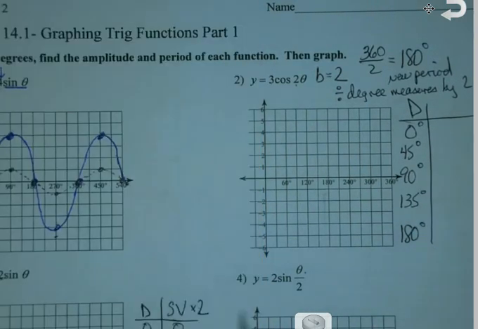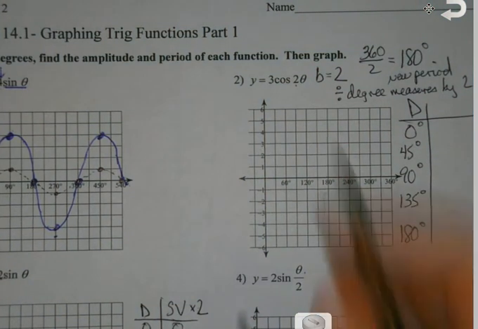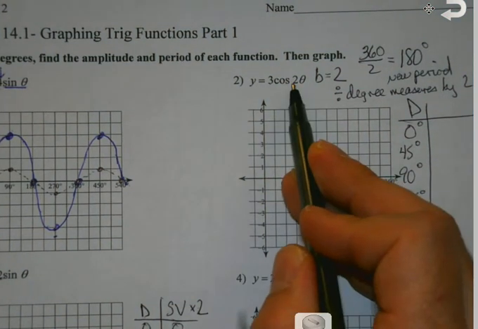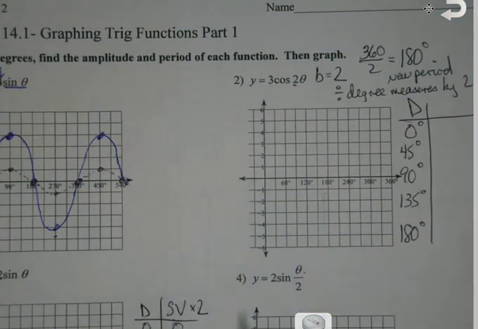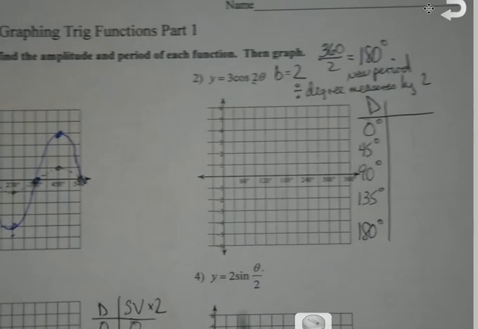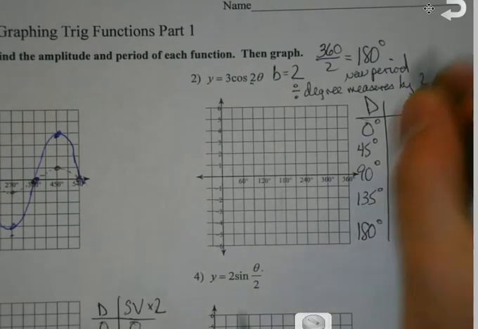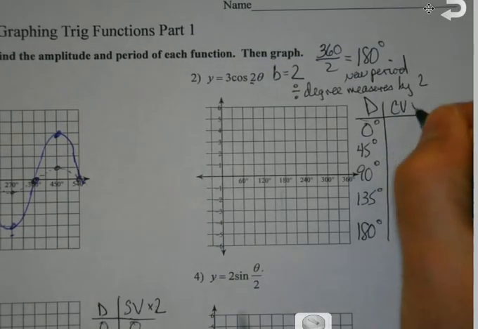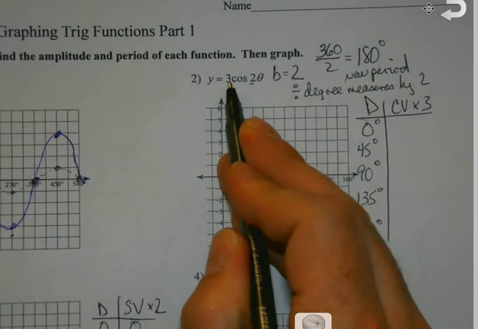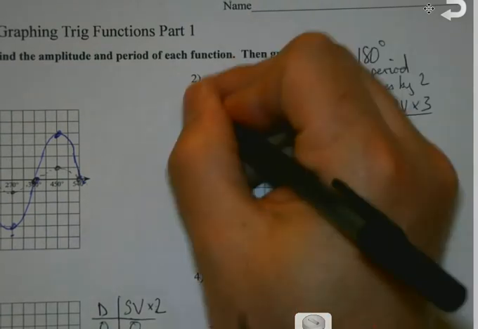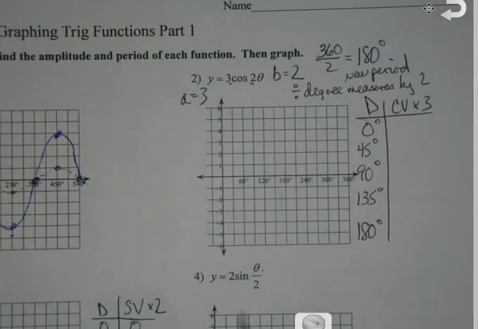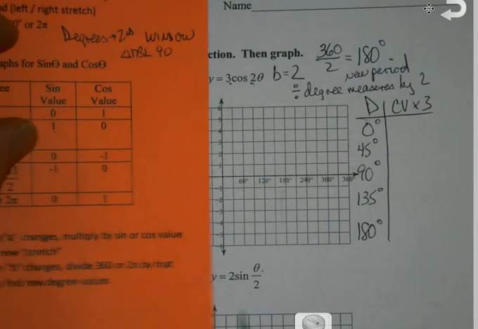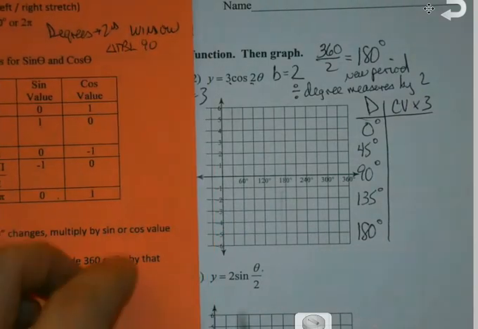And I get my new angle measures that way. So that's what this value in front of theta is, this B value. It just changes my degree measures. But now, I'm going to take my cosine value and times it by 3, because that's what my A equals, my amplitude. So I go, okay, there's my cosine values.